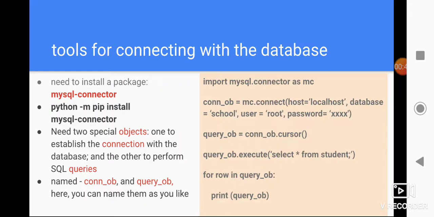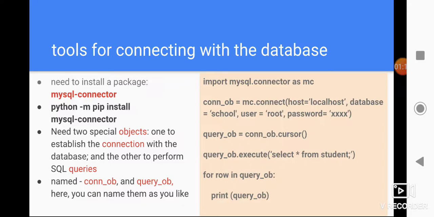Now, what tools do we need in our program for connecting with the database? First of all, we need to install a package on our Python installation, which is called MySQL connector. To install this package, you can run the command python -m pip install mysql-connector from the command prompt of your Windows computer.